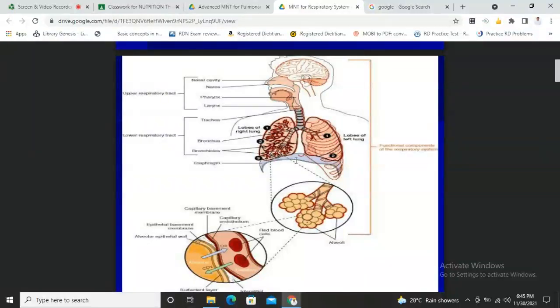Okay? This is where oxygen is inhaled, and this is also where carbon dioxide is exhaled. Okay, or diri lagi ang exchange of gases mag-occur sa alveoli, and there are hundreds of alveoli.